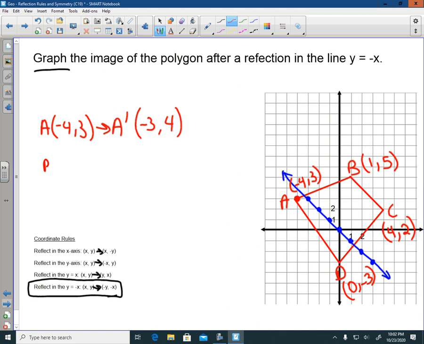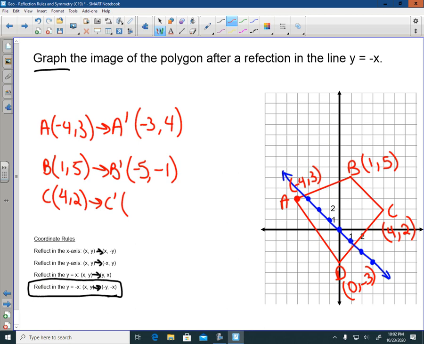Let's look at B. B started out at 1, 5, and so B prime, after using the rule, will be what? Negative 5, negative 1. You got it. All right, here's C. It lives at 4, 2. To get C prime, we're going to have to flip them twice.